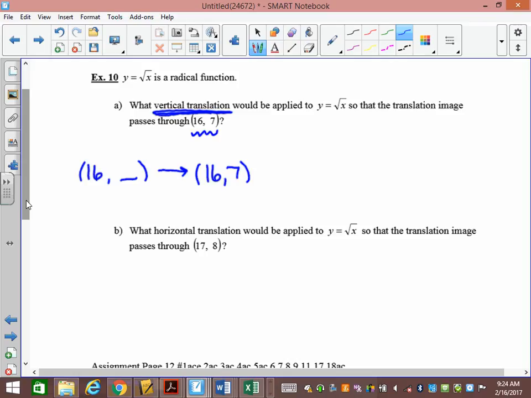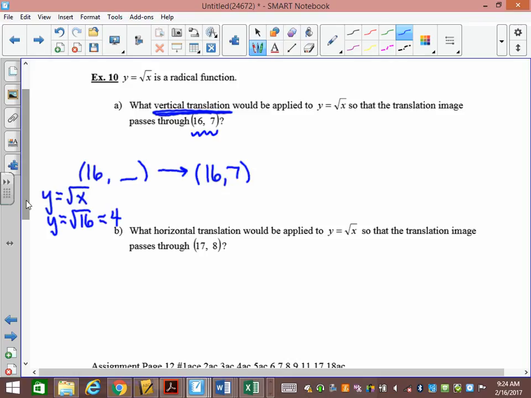Is there any way we can figure out what our original point was? If we know that x is 16 on the original, can we find the y? Right, we plug it in. You just plug it into the original equation. The original equation is y equals root x, and we know that x is 16. We just need to find the y. So y equals root 16.